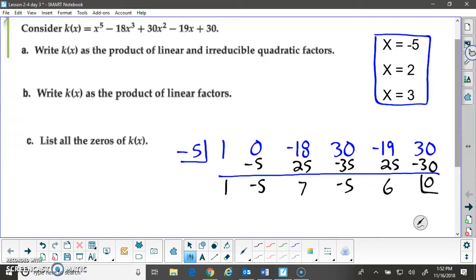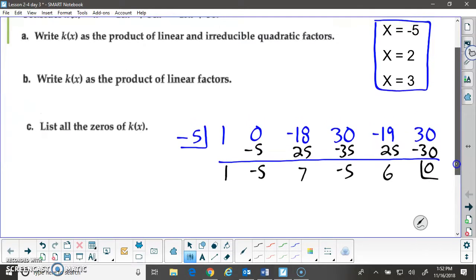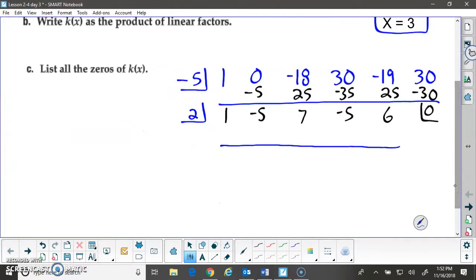Sure enough, we get a 0 at the end. And now I'm going to use the next given 0, which in this case is a 2, and I'm going to do it with the resulting coefficients, and again I should get a 0 at the end. Okay, we get another 0.